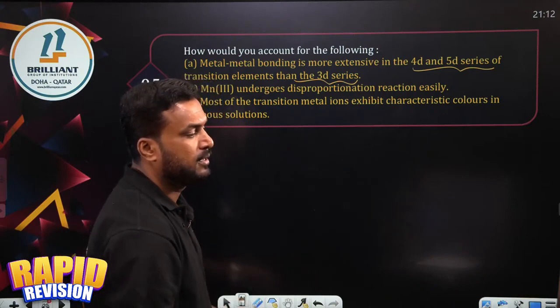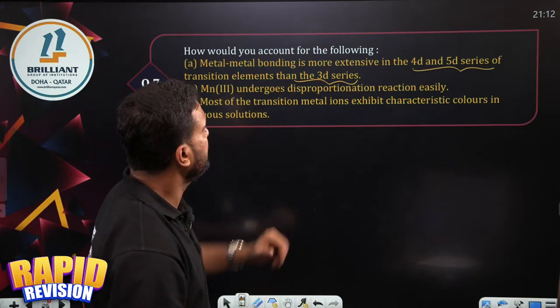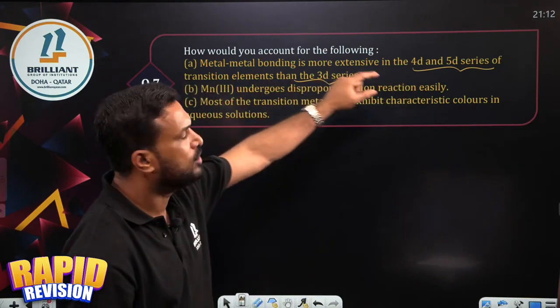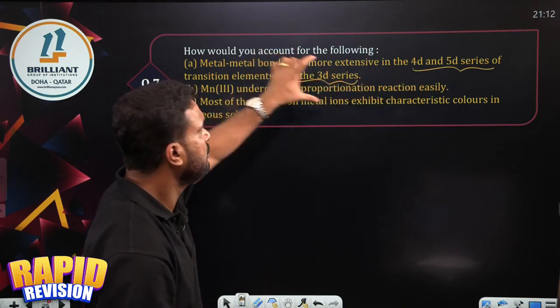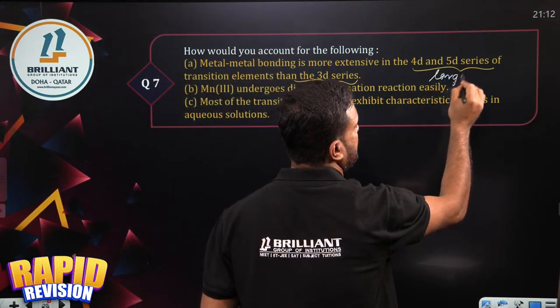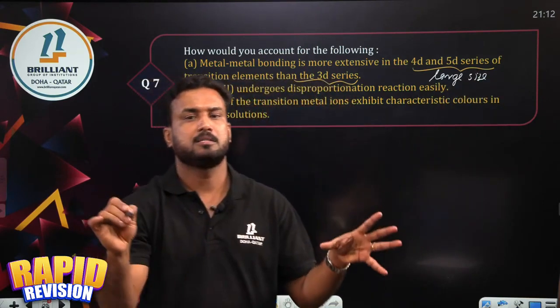Why? No, not lanthanide contraction. We did not even reach that topic. This is about transition elements only. See, 4d and 5d have what? Larger size, or they are more exposed to space.